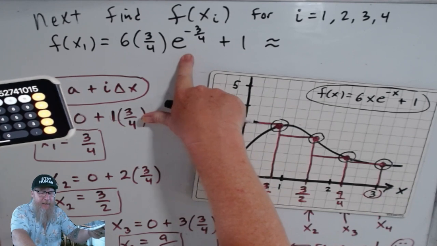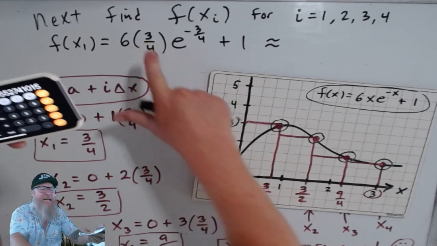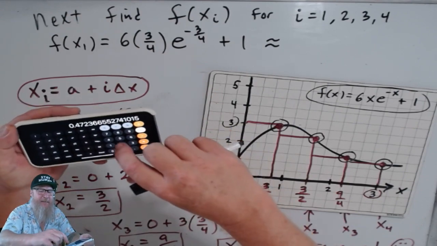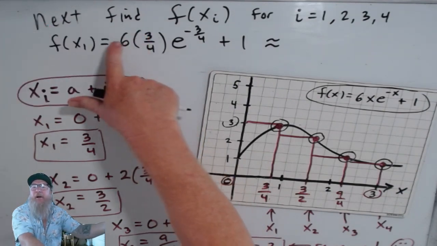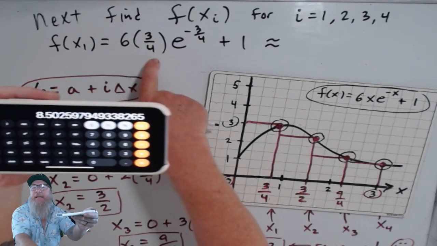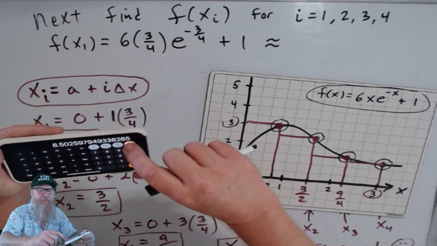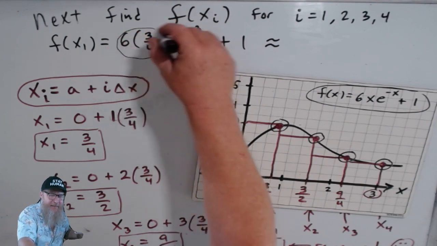And then, how should we do this? Let's do 6 times 3 is 18. So let's multiply that by 18. I'm just kind of doing it all mentally here. 6 times 3 is 18. So that's now multiplied by 18 and then divided by 4. Another way to do it is you could turn this into a decimal.